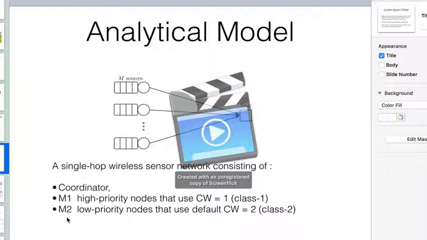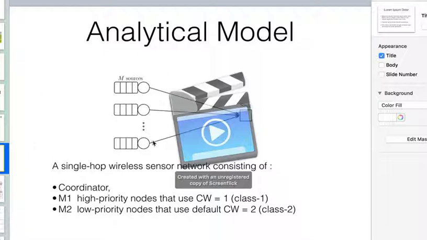M2 nodes are low priority nodes, and they have default CW equal to 2, and we call them class 2 nodes. In other words, this paper analyzes CW based service differentiation models.